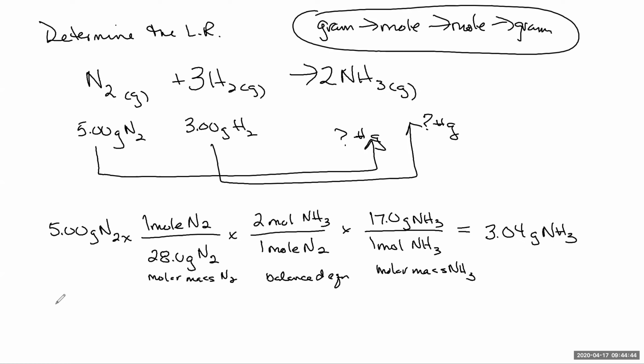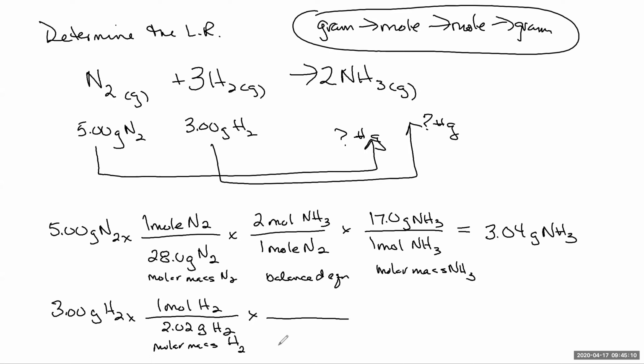What if I started with 3 grams of hydrogen? I have to do the same steps, but I'm not going to use the molar mass of nitrogen here. I'm going to use the molar mass of hydrogen. So I know that 1 mole of hydrogen is 2.02 grams of hydrogen. I'm going out to 2.02 so that I can maintain 3 sig figs. Now I'm going to use the balanced equation.